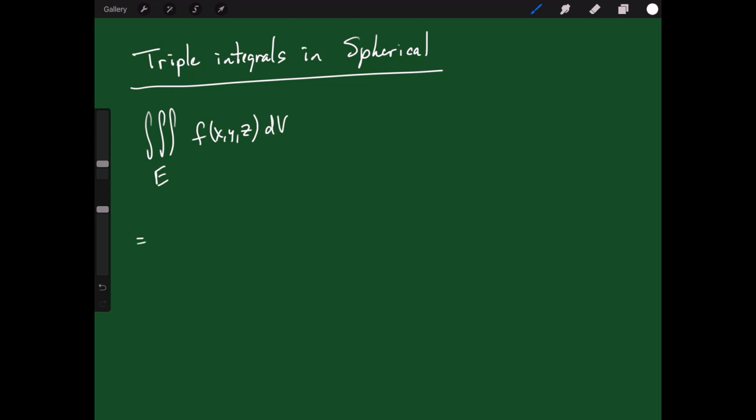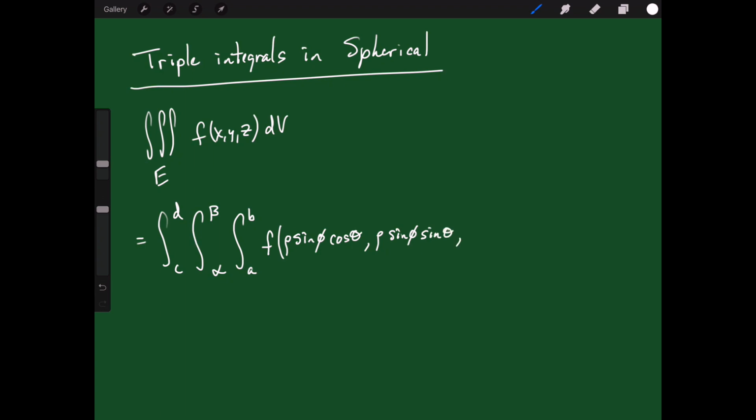then this is going to be equal to the integral from c to d, integral from alpha to beta, integral from a to b, of f of, well, x, but x is rho sine phi cosine theta, then rho sine phi sine theta, and then finally rho cosine phi.